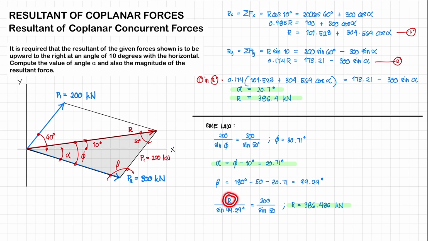So our resultant force all over sine the opposite angle, 99.29 degrees, is equal to 300 over sine 50 degrees. So we have this equation, one unknown. We can now solve for our resultant, which is 386.486 kilonewtons. And it's the same one that we have solved earlier.